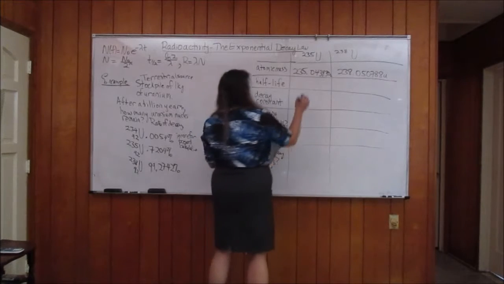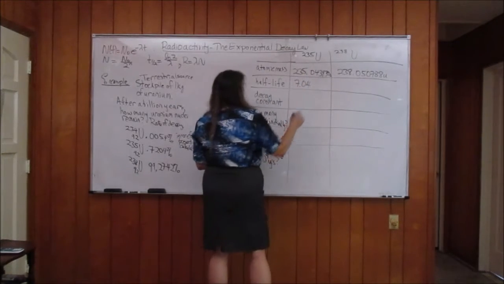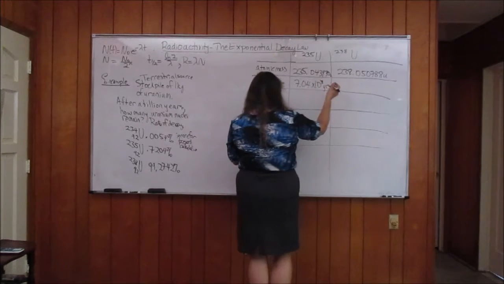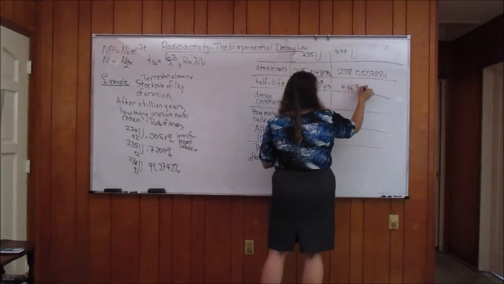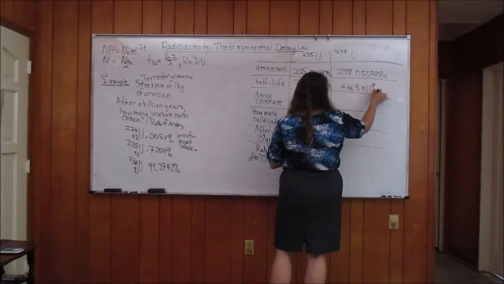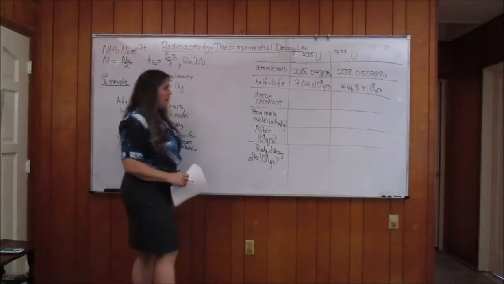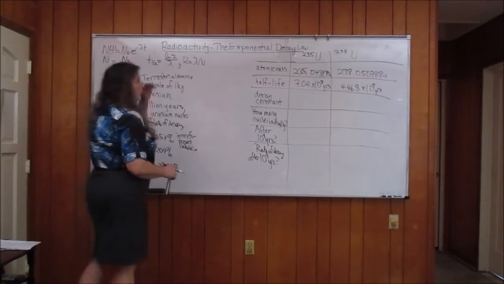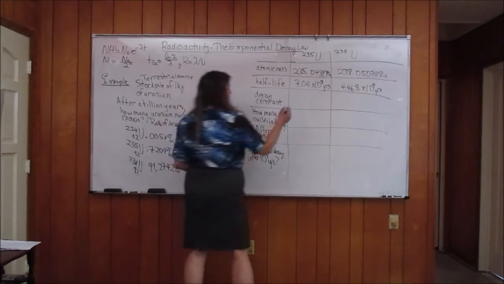Now the half-lives are 704 million years for U-235, and for U-238, it's 4.468 times 10 to the 9th years, or 4.468 billion years.